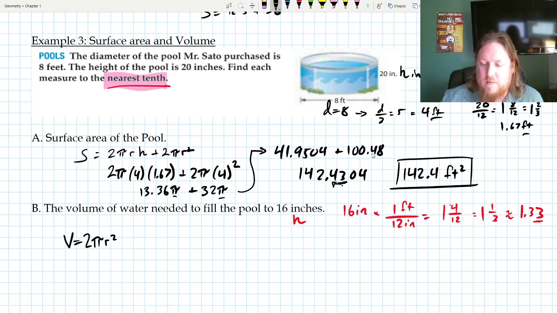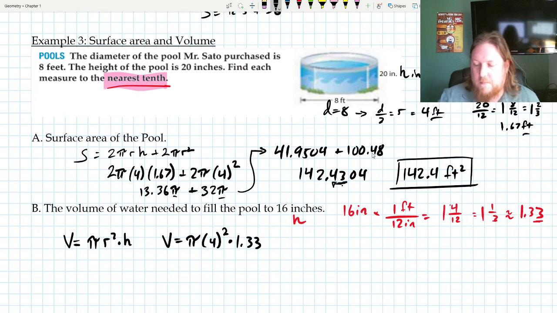So the area of the base, pi r squared, because that's a circular base, multiplied by the height. So pi times the radius 4 squared times 1.33.